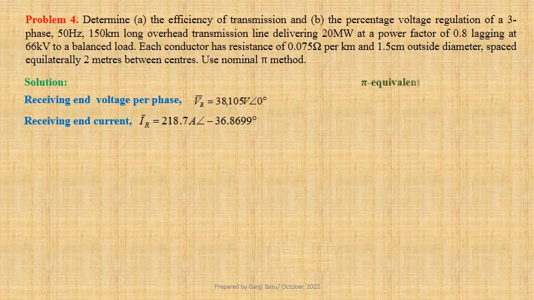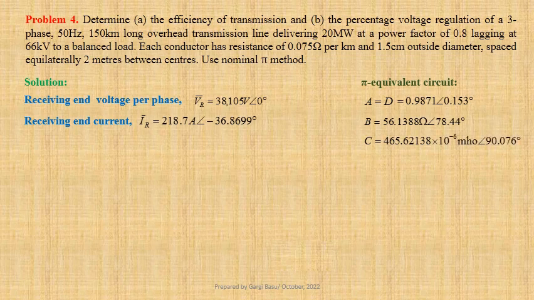For pi equivalent circuit, we have obtained A equals D equals 0.9871 ∠0.153°, B equals 56.1388 ohm ∠78.44°, and C equals 465.62138 × 10^-6 mho ∠90.076°.